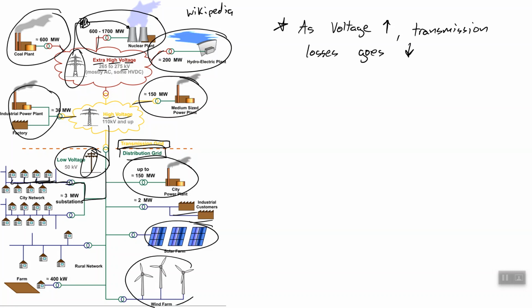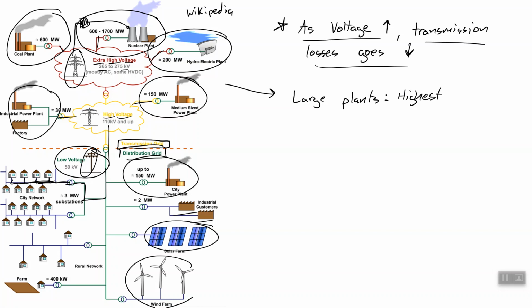So that's how the grid works, a series of voltages, because we want to transmit that energy as effectively as possible.